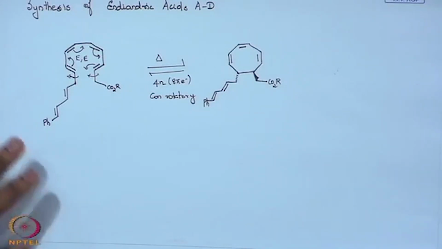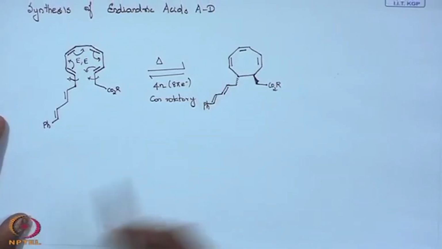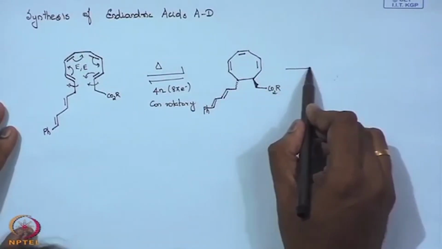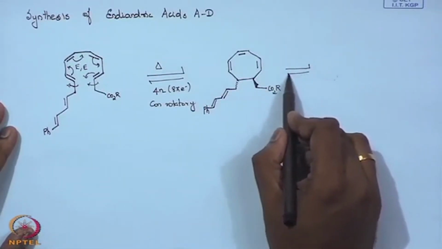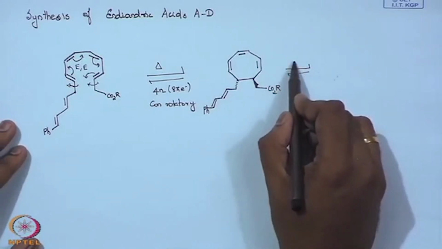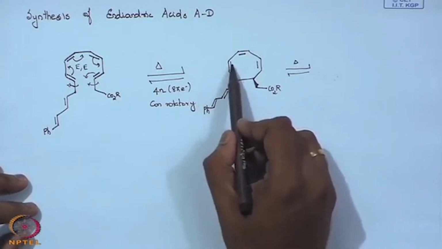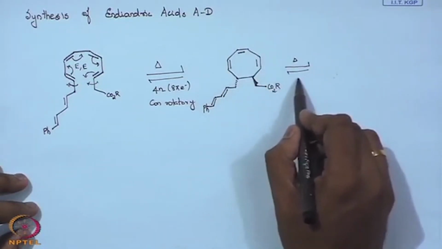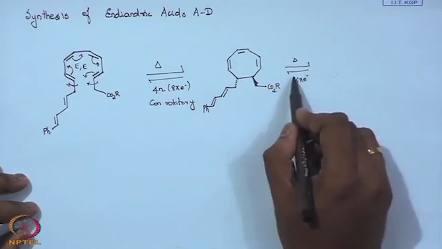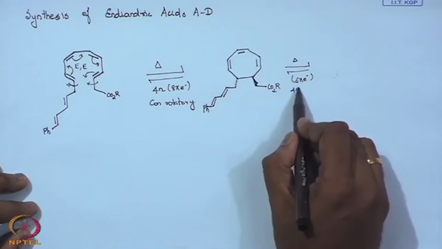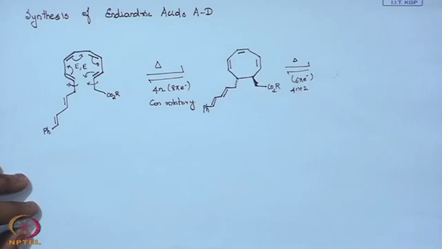Now what we will do? We will take the same system, fine. Now as I said in earlier cases, if I again heat this, what is it? Now it is a 6 pi electron system involved. So it is 4n plus 2. So what is that?